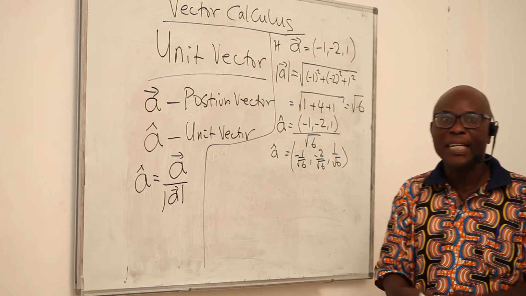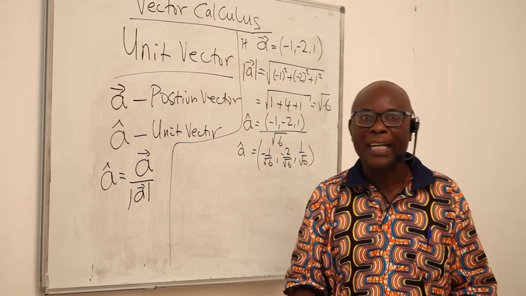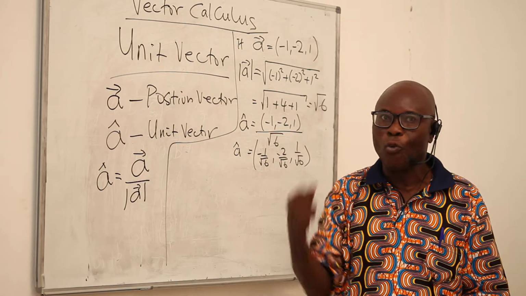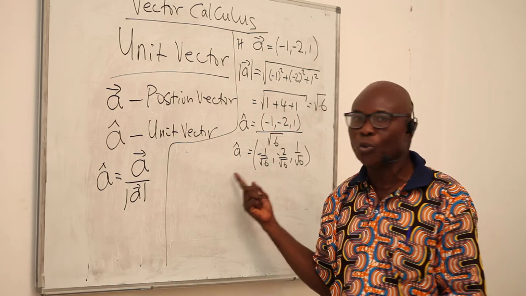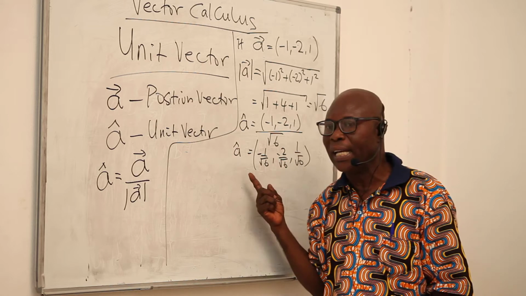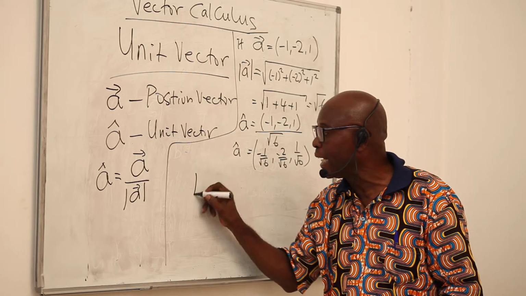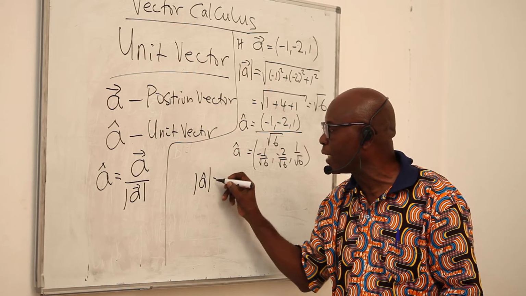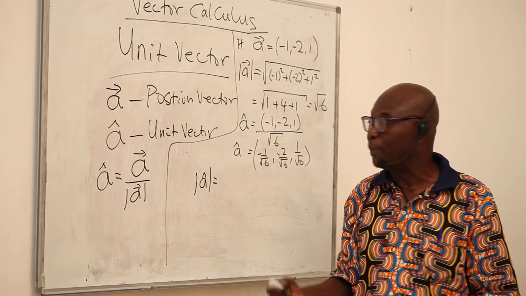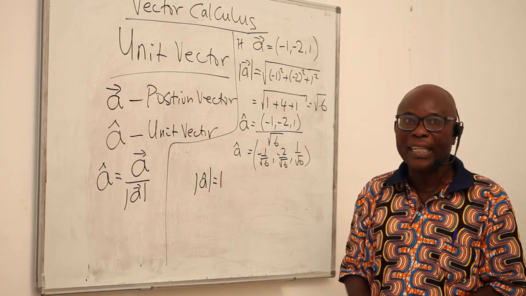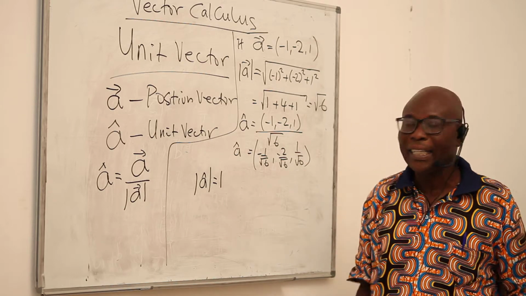But from the beginning, we said that the unit vector always has a magnitude of 1. So if you find the magnitude of this unit vector, the answer we expect to get is 1. Let's see whether it is 1.